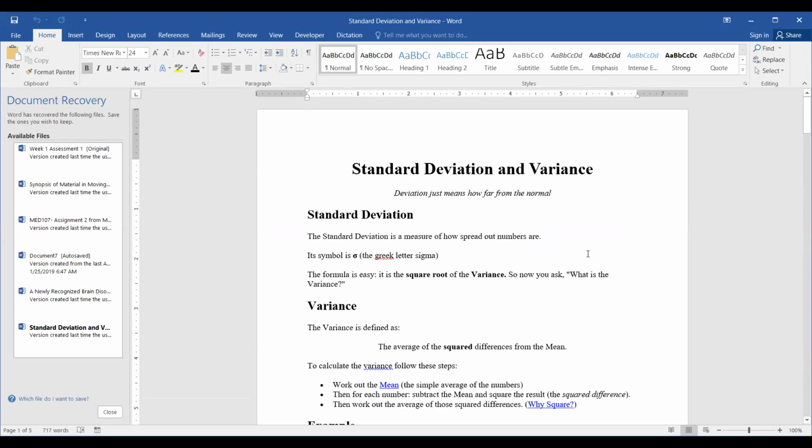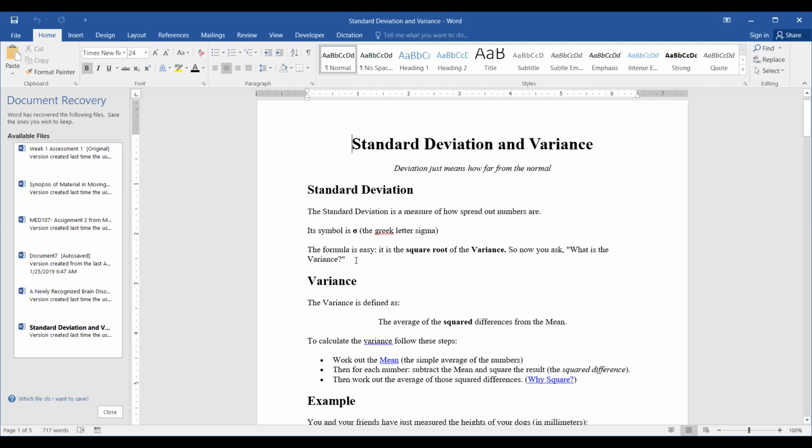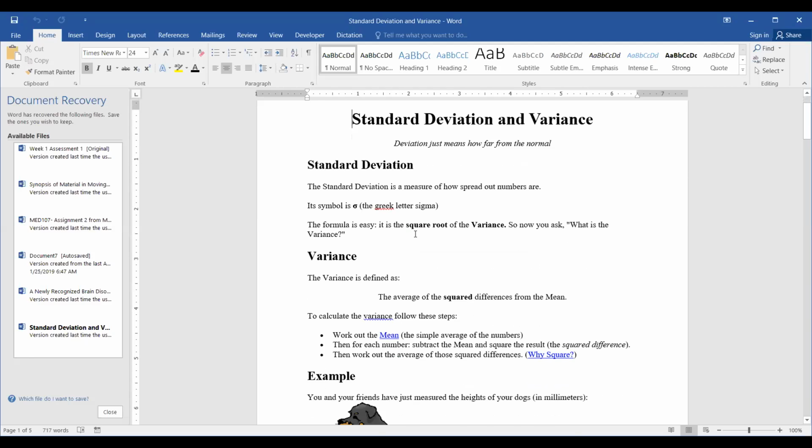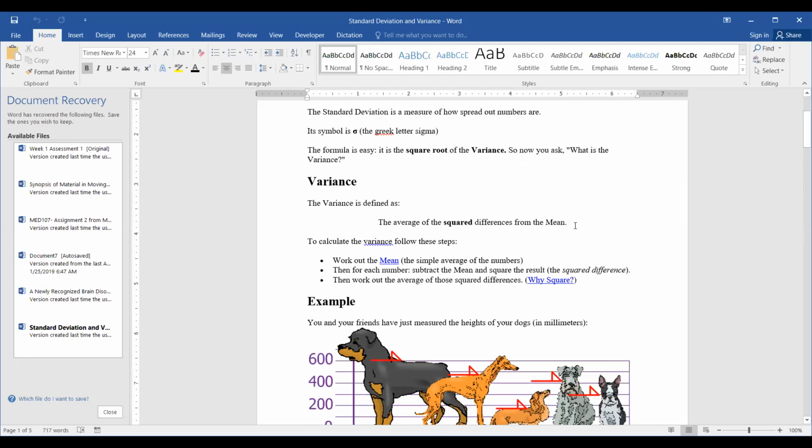So again, standard deviation is a measure of how spread out the numbers are. The symbol we use is the Greek letter sigma, small sigma, for samples. For populations, we use a capital sigma, but we're dealing with samples. Variance is the average of the squared differences from the mean.